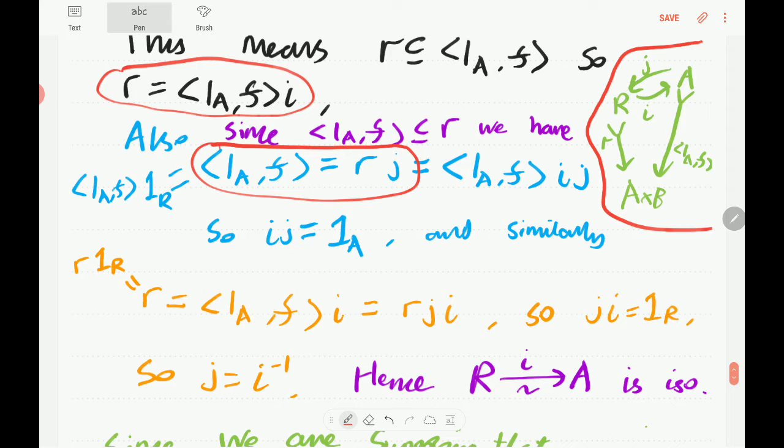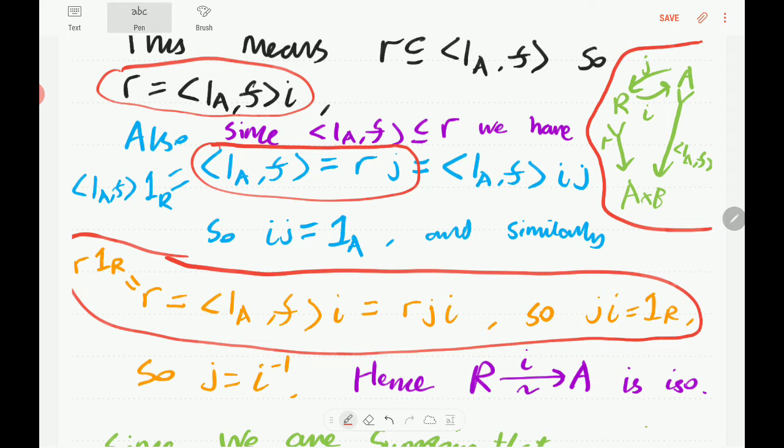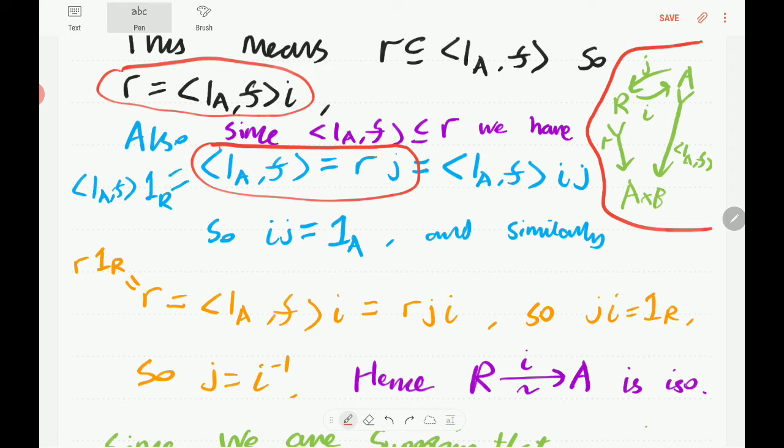And then we can do a very similar kind of trick to get that j after i is equal to the identity arrow of r, using this kind of argument, again exploiting the idea that r is a monomorphism. Okay, so basically between these two equations, we have that i is going to be an isomorphism and j is going to be the inverse of it.